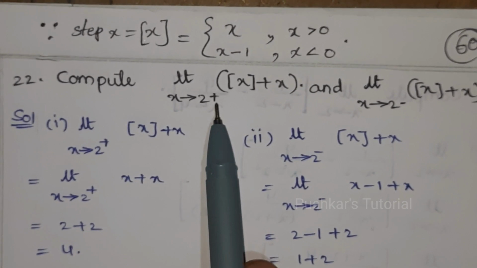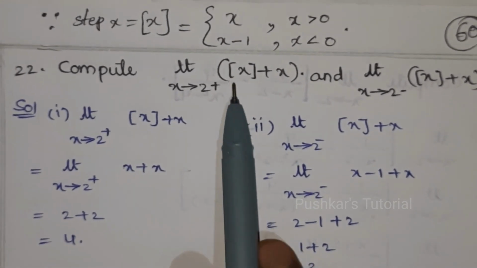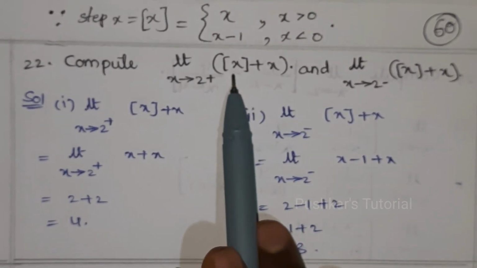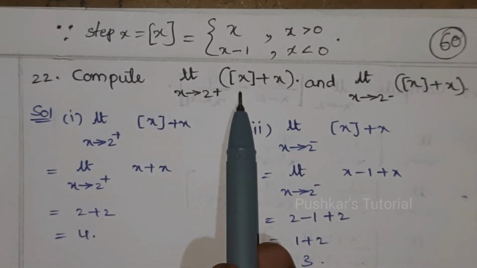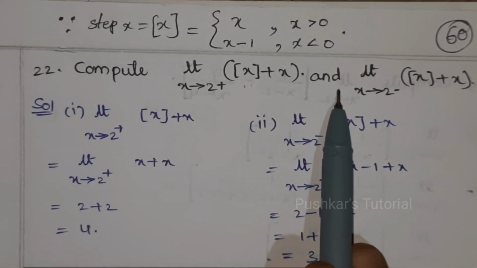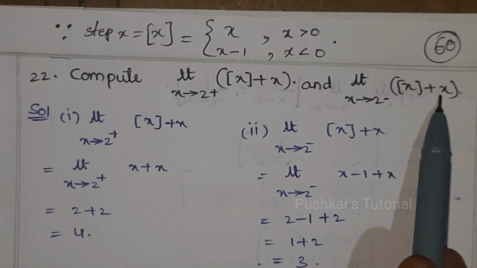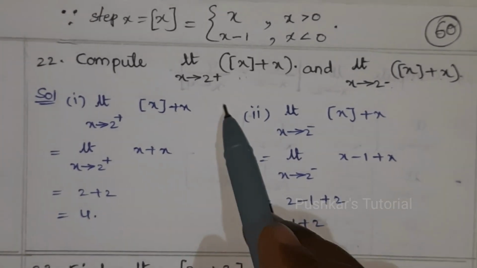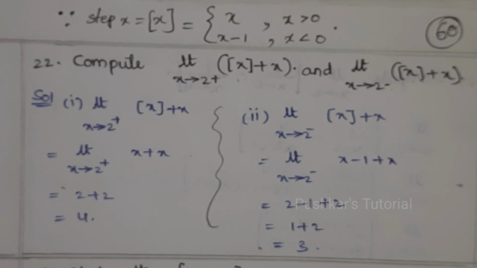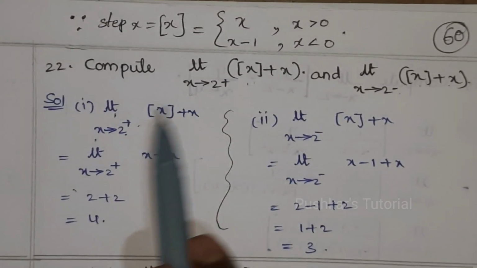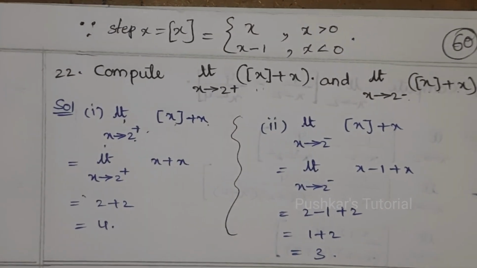Limit x tends to 2 plus of the closed bracket of x, that is called step x, step x plus x, and limit x tends to 2 minus of step x plus x, the value he is asking. So partition into two cases. First case, limit x tends to 2 plus of step x plus x.